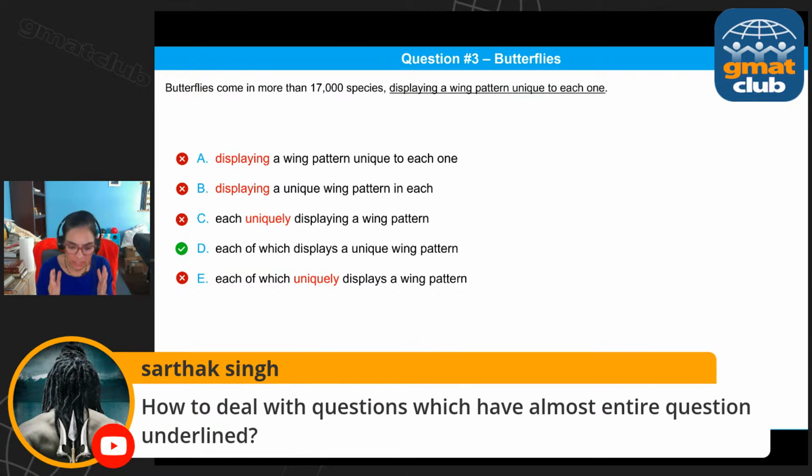Why? Because the first thing that you're doing is spending time with the original sentence, irrespective of what is underlined and what is not underlined, because you are first trying to understand the intended meaning of the sentence. And you cannot understand the meaning of the sentence if you're focusing on the sentence partially. Yes, we generally tend to look at only the underlined portion of the sentence.